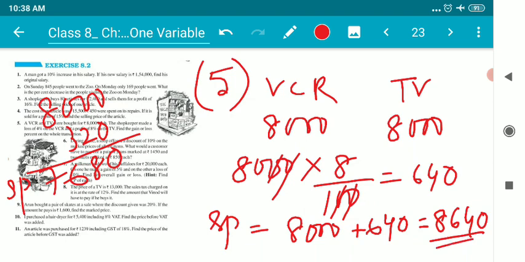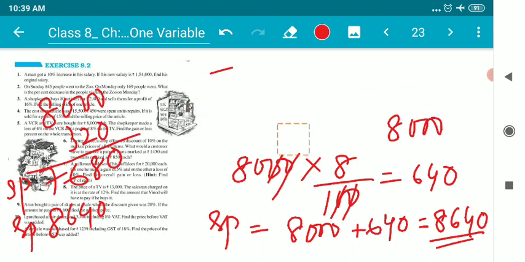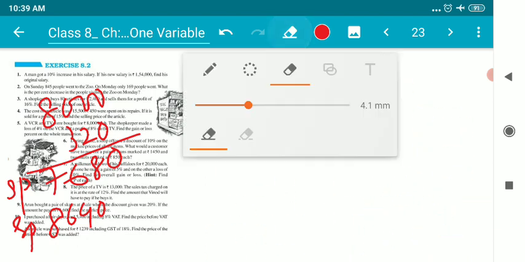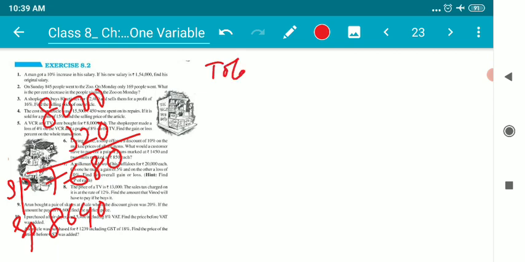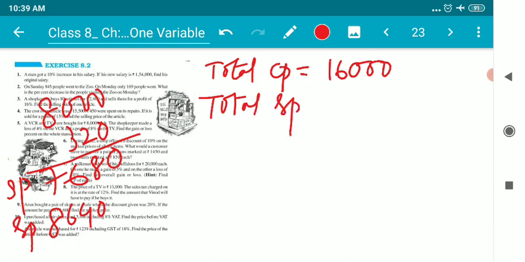Children, then what is the total selling price? The question is, what was the total buying price? Total CP was 16,000, because 8,000 plus 8,000 is 16,000. And the total SP, total selling price, is 8,640 plus 7,680.